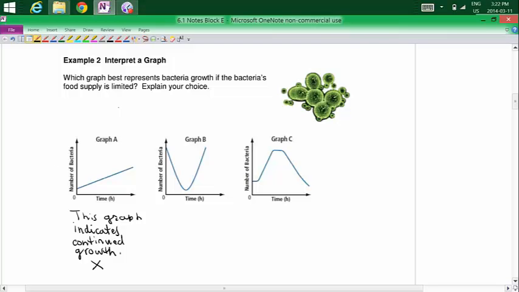Now, if we take a look at graph B, we have quite a high population here, because notice along the y-axis you have number of bacteria, and then of course on the x-axis we have time. We have quite a high population up at our starting point.